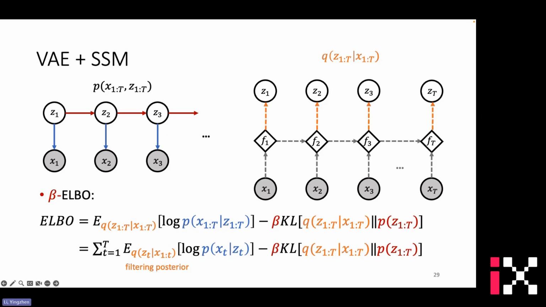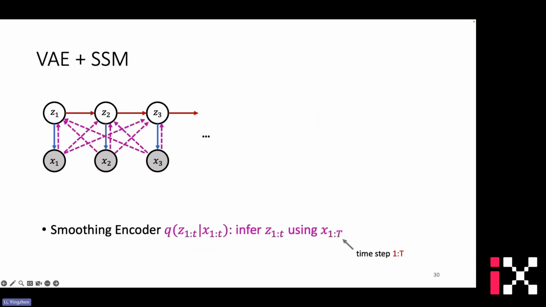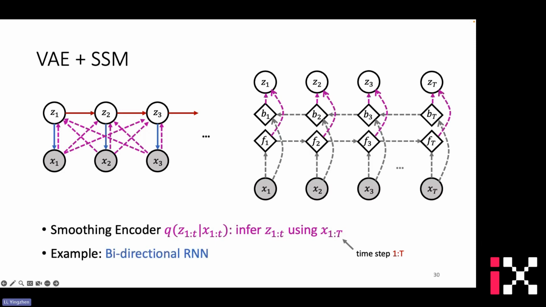Okay, but from the previous example, we can see that we want some kind of future information to also help. So again, this tells you that you might want to use a bidirectional RNN. Previously in the deterministic dynamic case, we also tried the bidirectional RNN. So now here's how it works. Again, we run two RNNs.